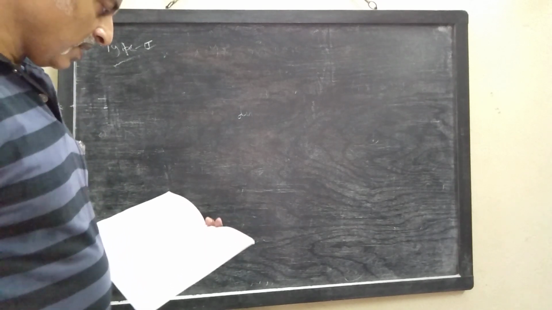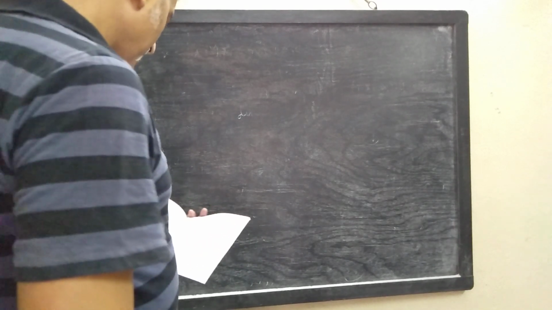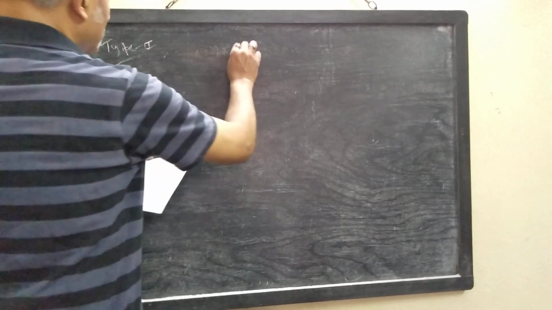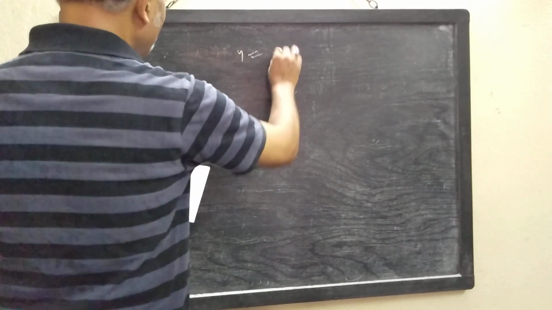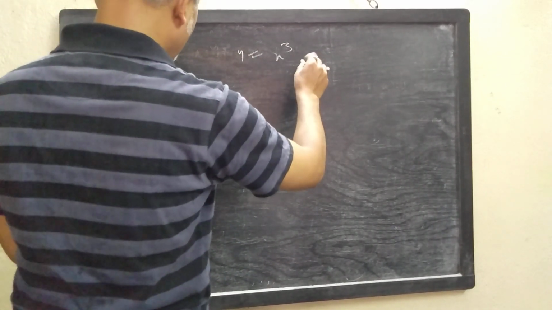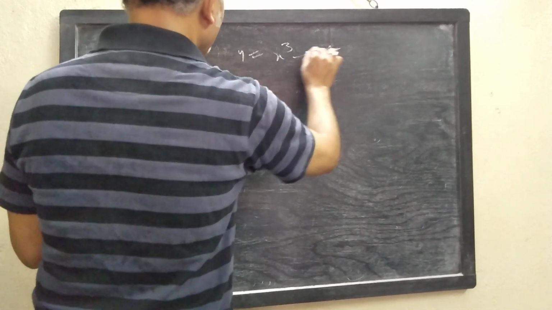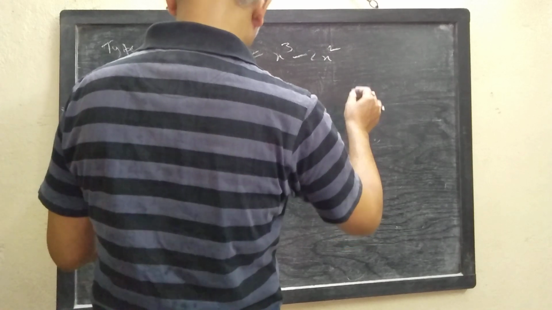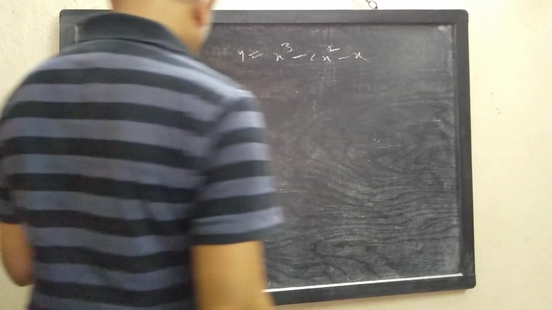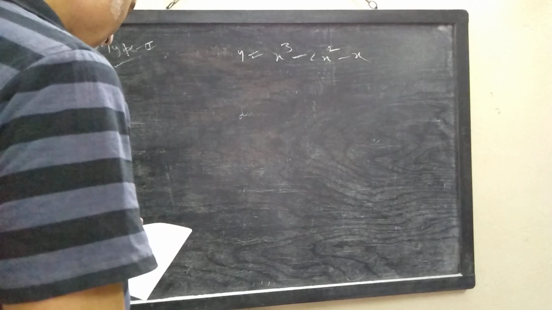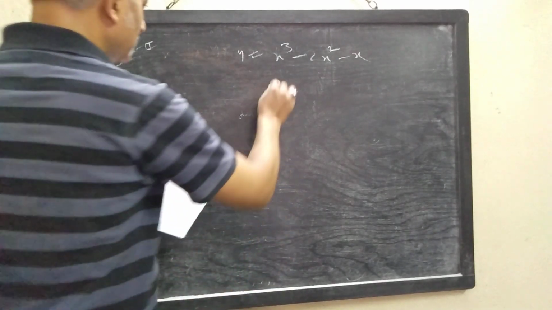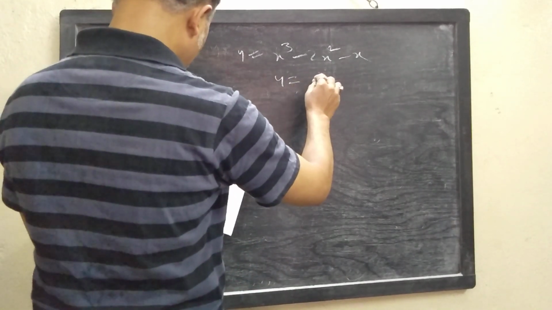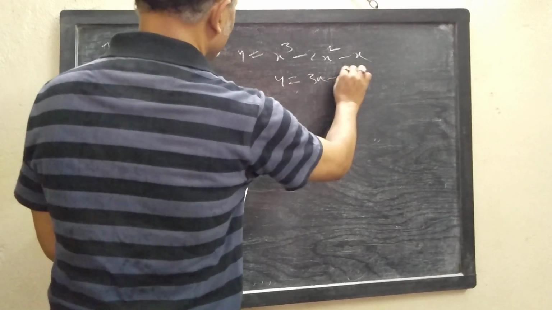So our first problem is, the equation of the given curve is y equals x cube minus 2x square minus x, at which the tangent lines are parallel to the given line y equals 3x minus 2.